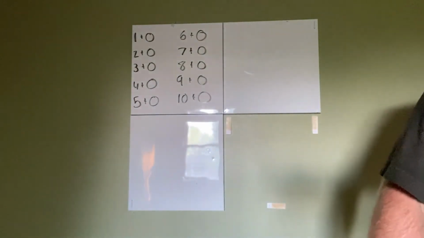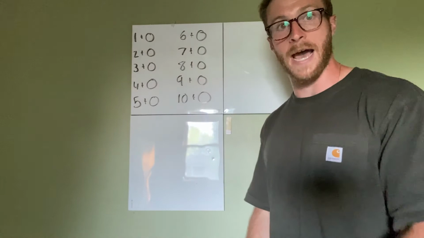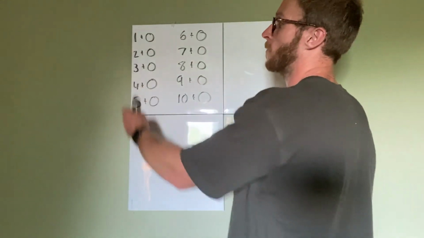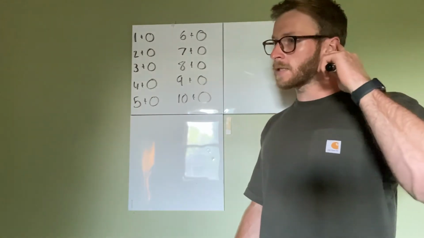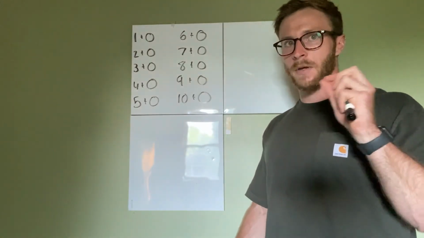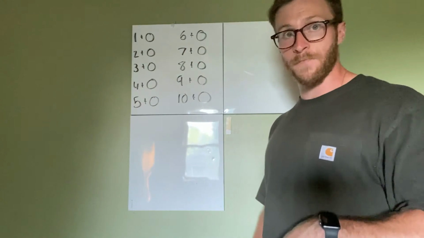Today, we're going to be working on finding more patterns. So I have a bunch of number sentences written up here, and I'm going to read through them all, and I want you to listen for what is the same with every single one of these problems, okay?